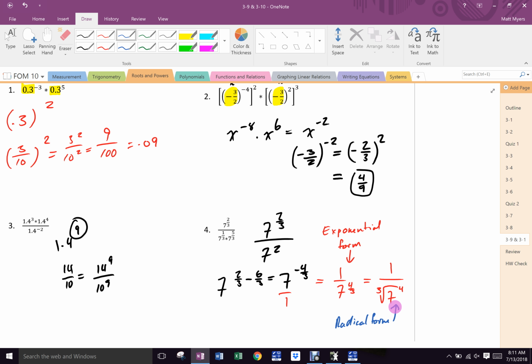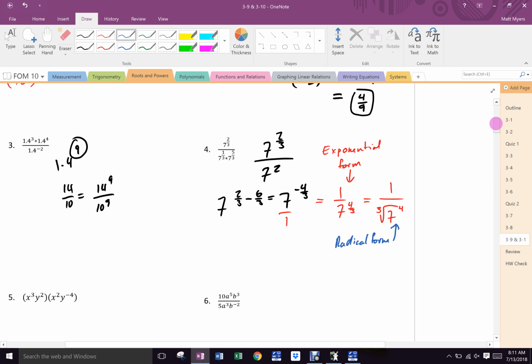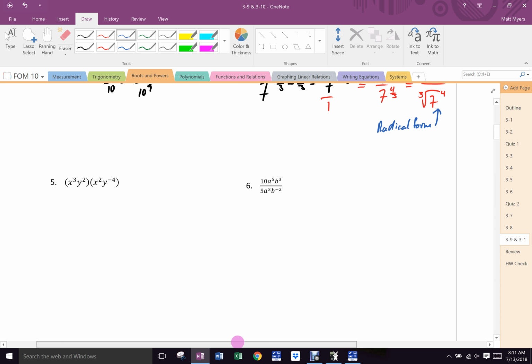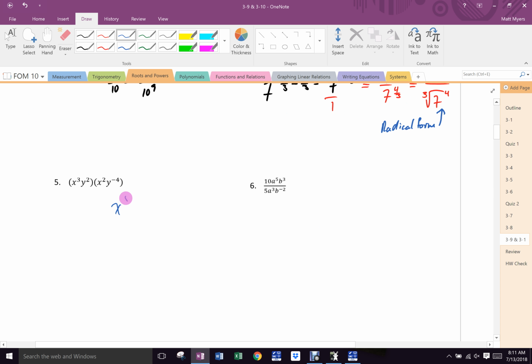Okay? X to the 5th, y to the negative 2, so that's x to the 5th over y squared. And this one is 2a squared b to the 5th. Any problems on that page? Once, twice, thrice? Everyone's good? Okay.